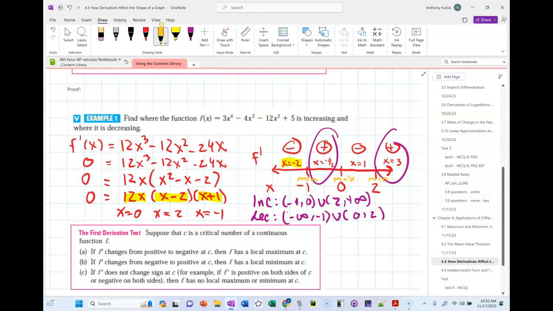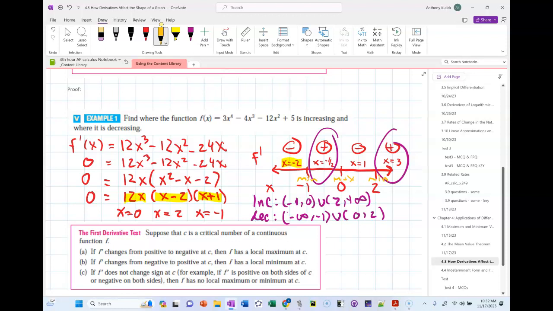I just look at the result of my sign diagram. Now, one piece of caution here: this only is going to work if you have all the critical values. If you miss one, like you forgot to look for where the derivative was undefined, you're going to mess this up. Just as a word of warning.